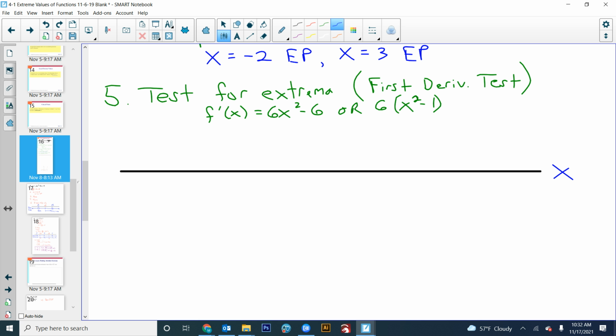Okay. So what you're going to do is put x equals -2 here because it's an endpoint. You're going to put x equals 3 over here because it's an endpoint. The other numbers we need to consider are our critical points.